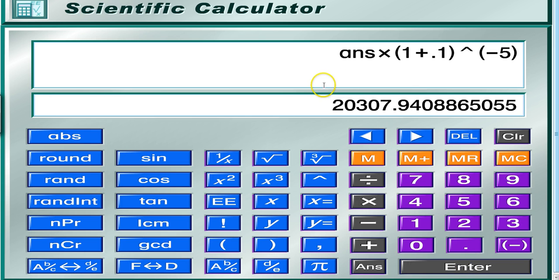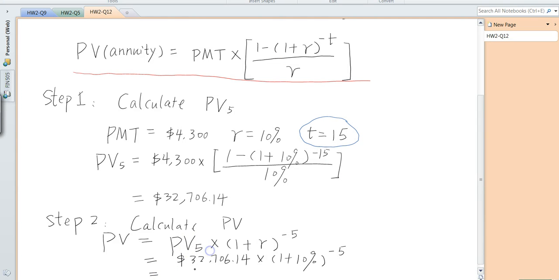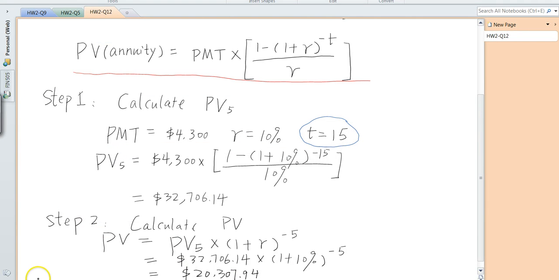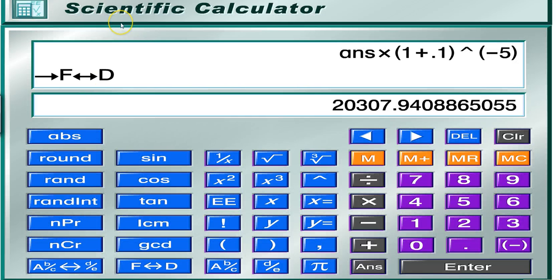So that's my final answer, 20,307.94. So put that back to my note. 20,307.94. Okay, so let's put this number back to see whether we got the right answer.